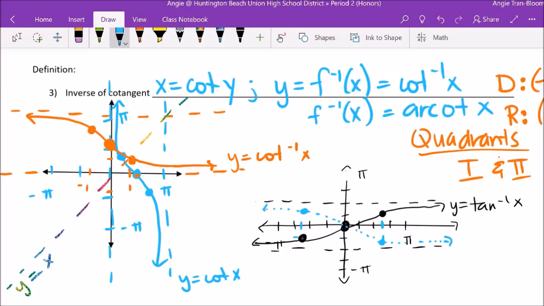Okay, so if I make the reflection over the y, is now y equals tangent inverse of negative x, beautiful. It's kind of now in the right direction, but is it the same spot? No, what else do you need to do? Vertically. Bring it up. How much up? Pi over 2.